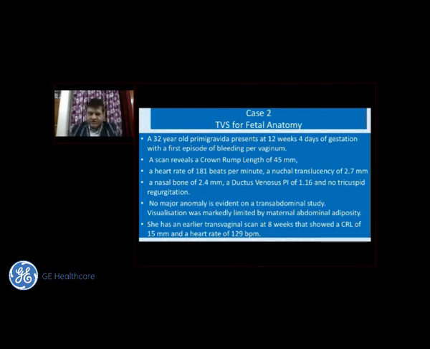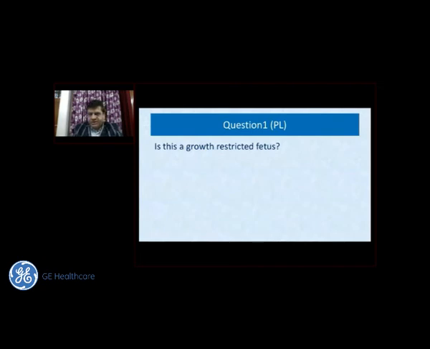No major anomaly is evident on the transabdominal study. Visualization is markedly limited by maternal abdominal adiposity. She has had an earlier transvaginal scan at 8 weeks that showed a CRL of 15 millimeters, which was corresponding. So my first question again to Pooja is, is this a growth-restricted fetus, Pooja?